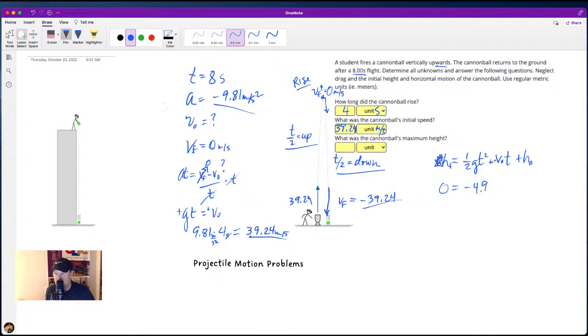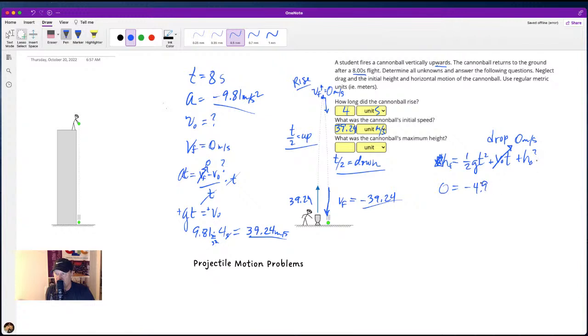If we just consider the drop, V initial is 0 meters per second, so that term goes to 0, and height initial is our question mark.